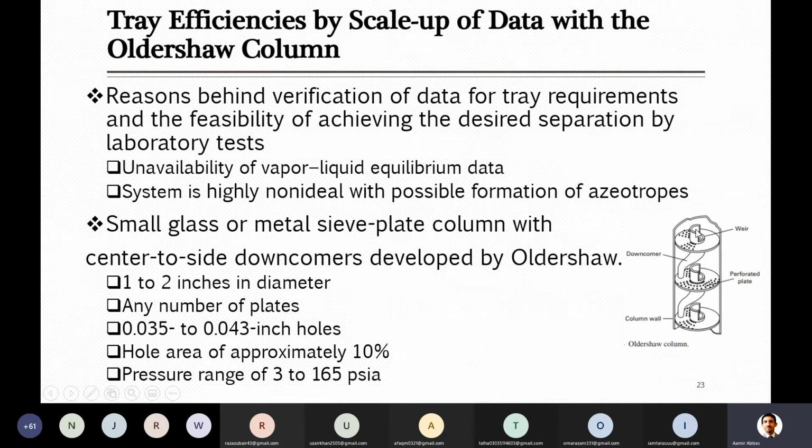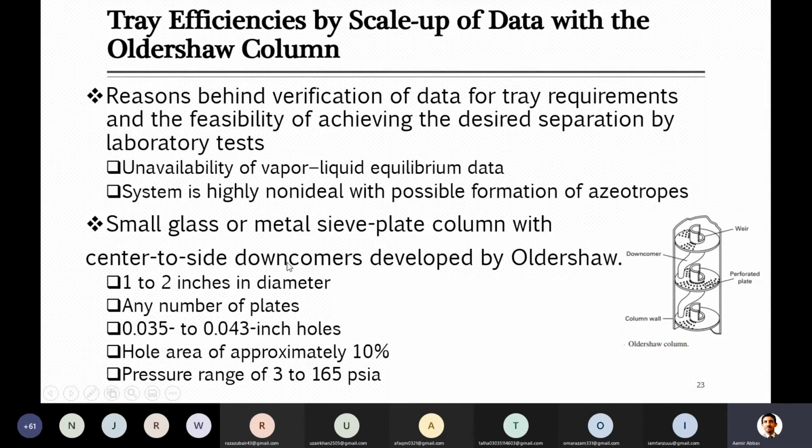You can see in this diagram that in the middle there is a weir height and liquid is collected, and then when it travels down the downcomer it reaches the side as in the normal column, and then again on this surface it will be distributed throughout the tray, and then it will be collected and keep on moving.